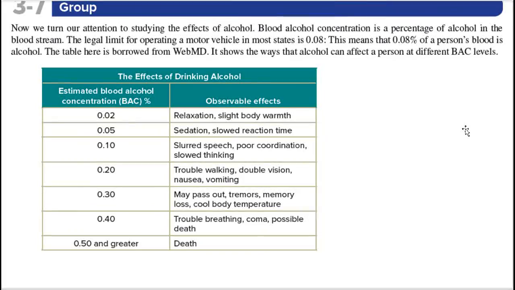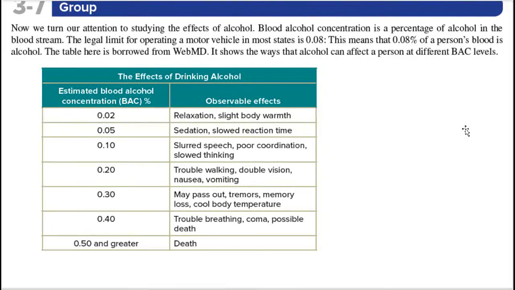But at any rate, the table talks about different things that happen at different alcohol levels. And you notice at 0.04, you're starting to lose some of your reaction time. At 0.1, you're obviously drunk, really shouldn't be driving.